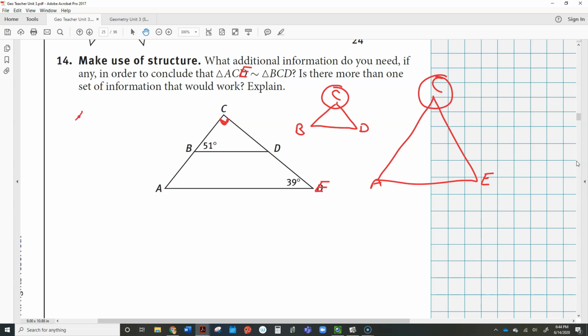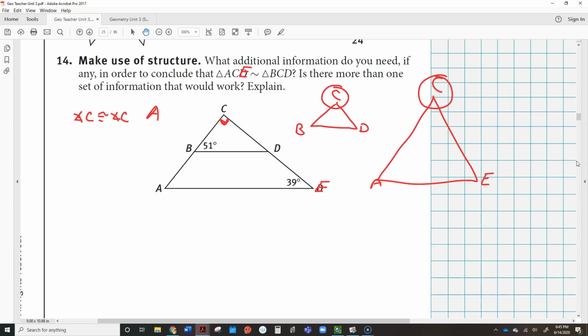So we have angle C congruent to angle C. If you want to put the three letters there, you can, but it's not necessary because it's the same angle. So angle C is congruent to angle C by the reflexive property. So we have one pair of angles, and we know nothing about any of the side lengths.